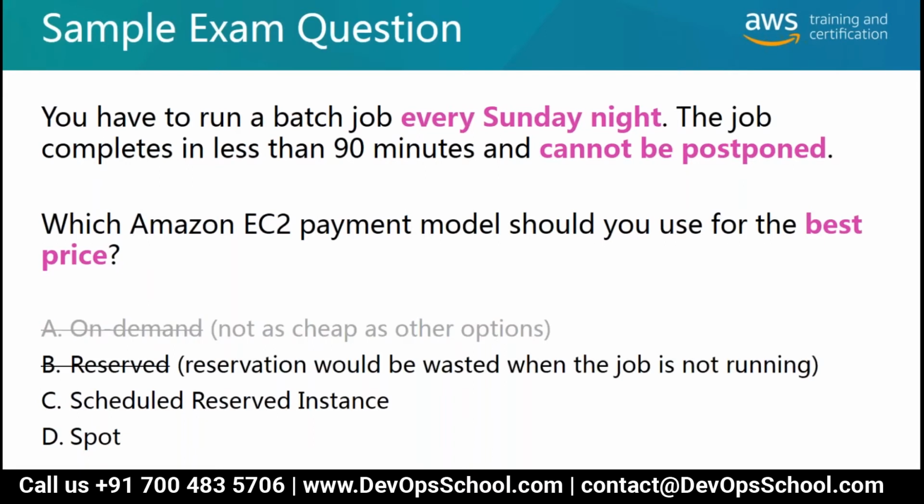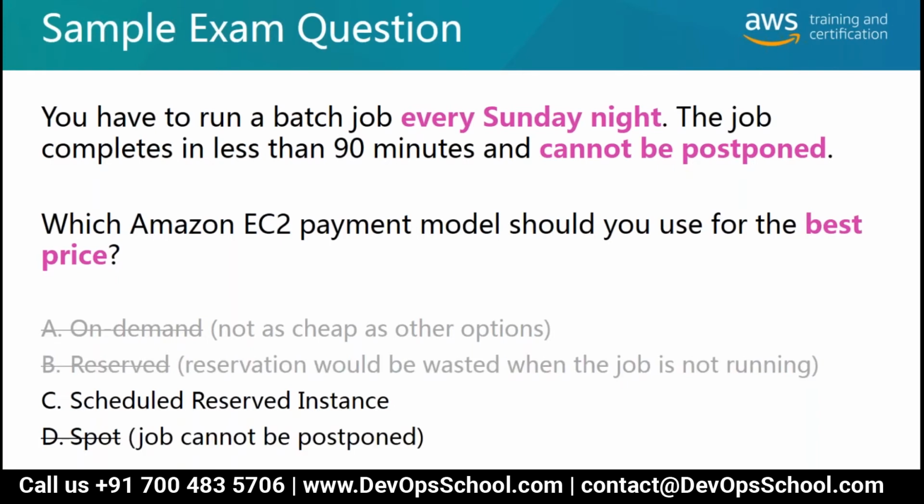Spot is also not a good option because you want it at the exact time on Sunday night. You cannot postpone it. For spot, you will bid a price, and if your bid price is not matching, you will not get that spot instance. So that will not be a good option either. The last option is scheduled reserved instances, because you reserve it for a schedule. So this scheduled reserved instance is a good choice for you.